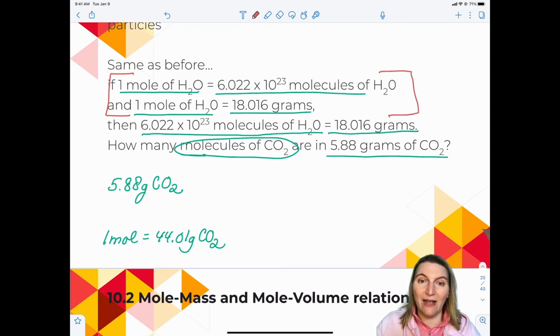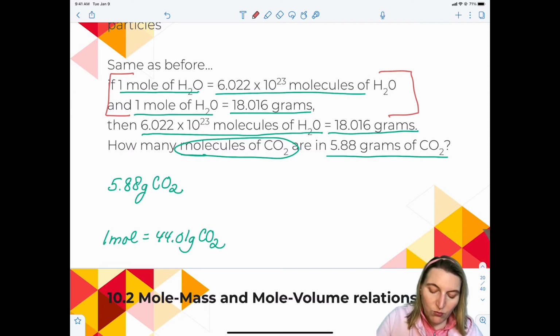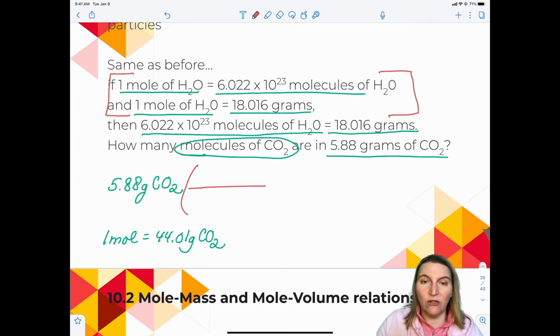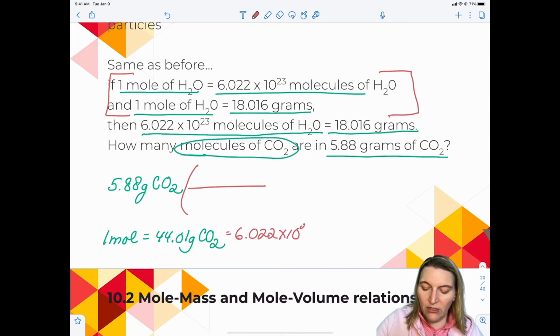But if I notice that they're both equal to 1 mole, so they must be equal to each other, I can actually just do this problem in 1 parenthesis, because 1 mole may be equal to 44.01 grams of carbon dioxide, but it's also equal to 6.022 times 10 to the 23rd molecules of carbon dioxide.